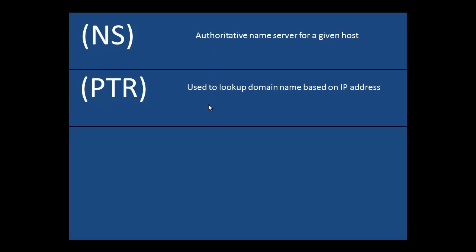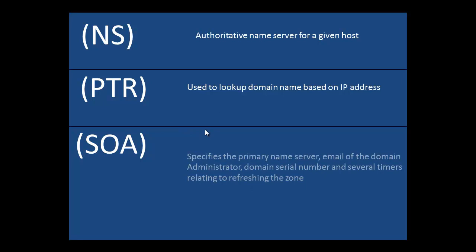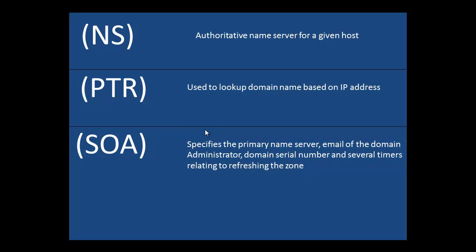We also have the start of authority record, which we had looked at previously. And this record specifies information about the DNS zone. This record includes the primary name server.